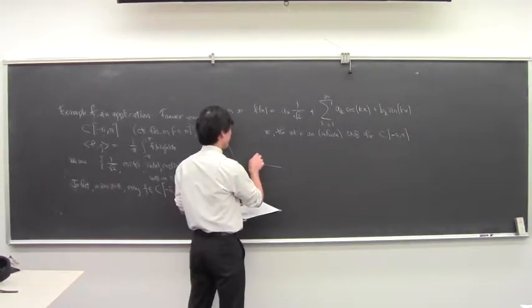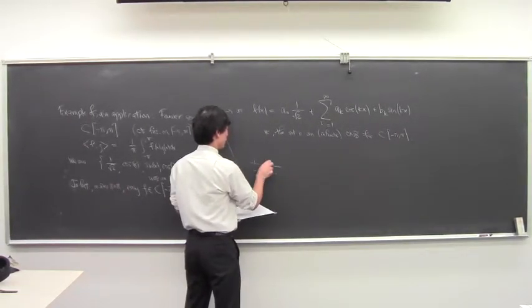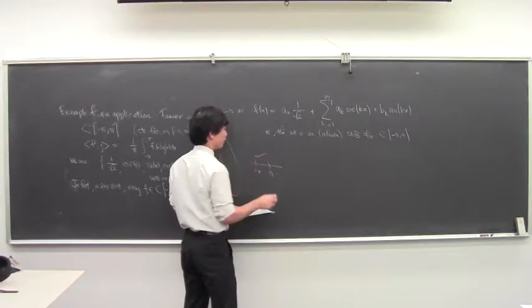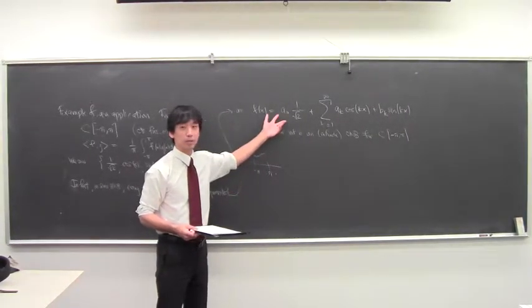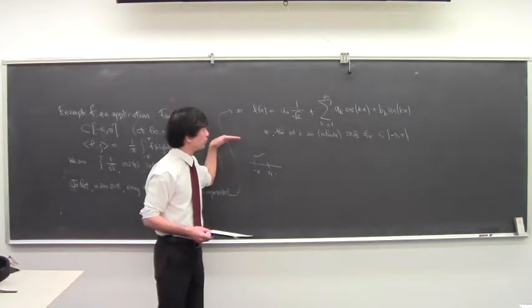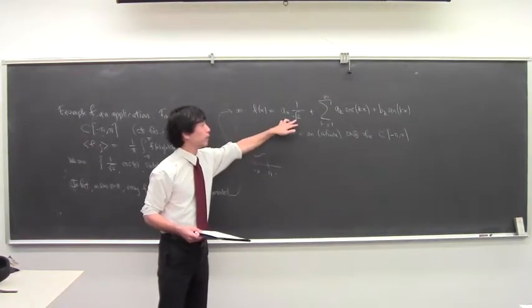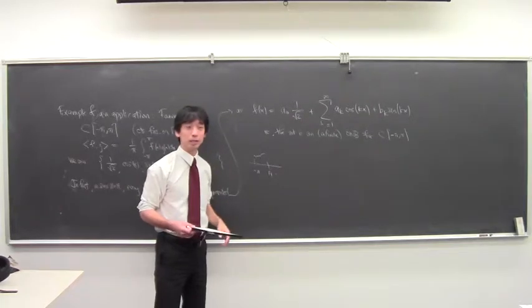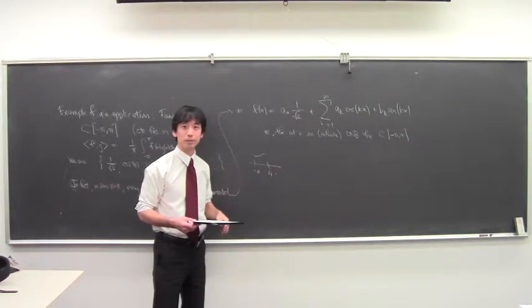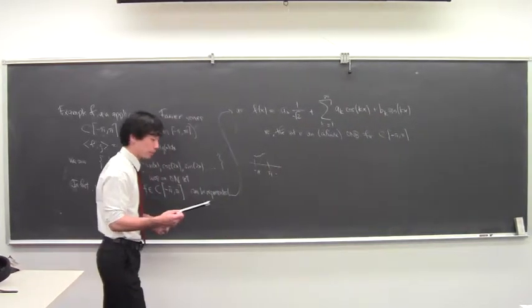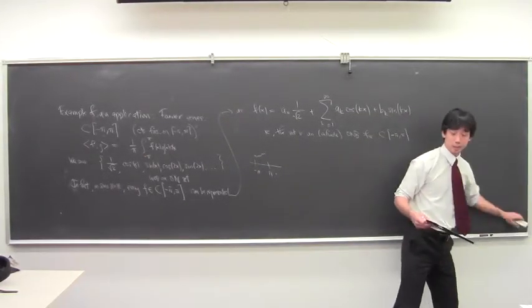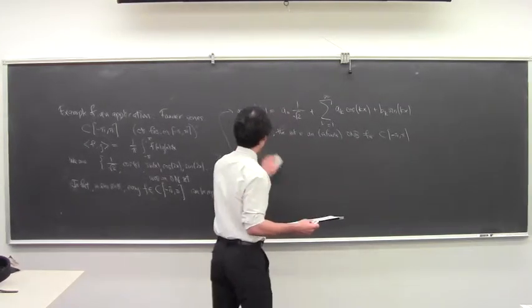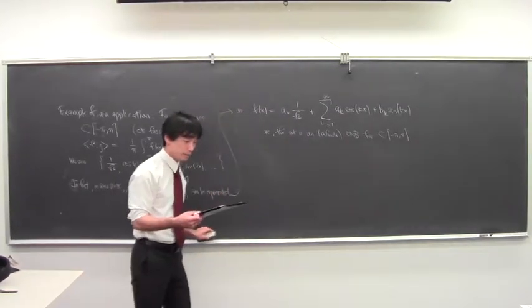It's saying that every continuous function on negative pi to pi, whatever continuous function you want, can be realized as some sort of combination of a flat line, here's the flat line, and cosines and sines. But in fact, this turned out to be true in some sense, and in many other senses.